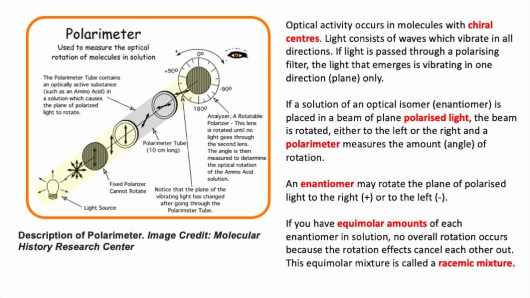And if it rotates the light to the left, it's the minus form. Now, it's important to mention that if you have equimolar amounts of each optical isomer or enantiomer in solution, no overall rotation occurs because the rotation effects cancel each other out. And an equimolar mixture is called a racemic mixture.